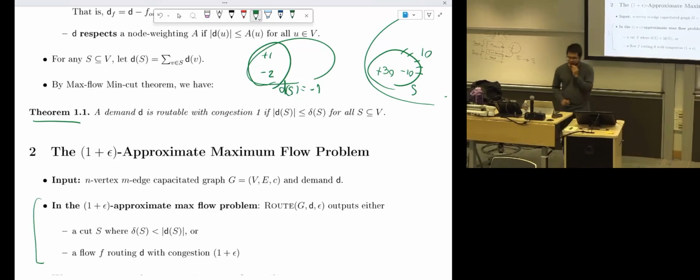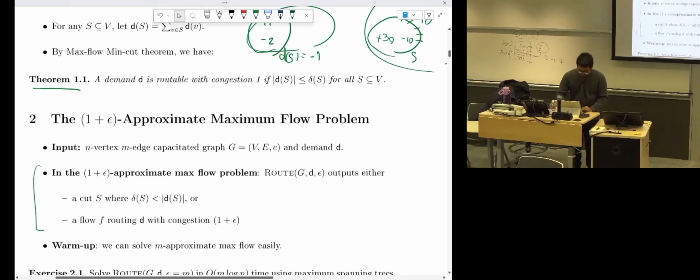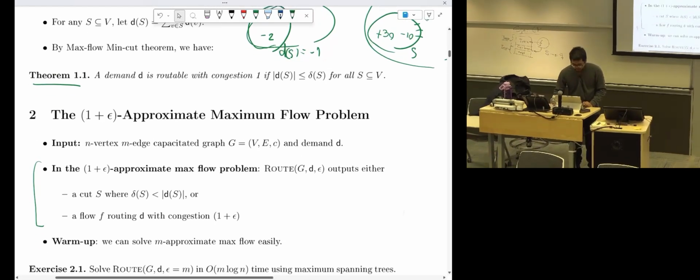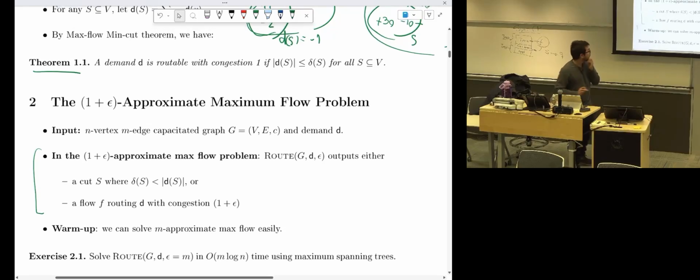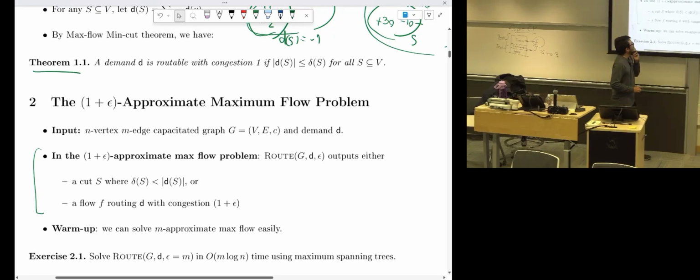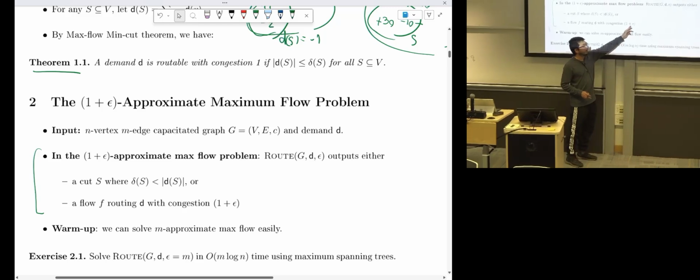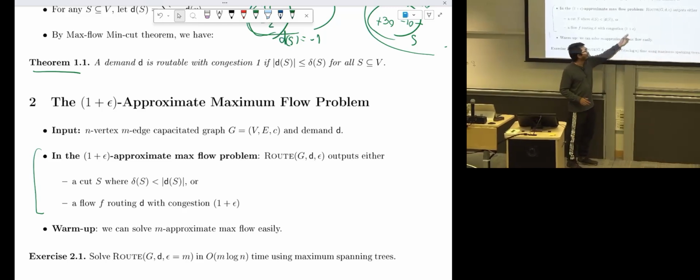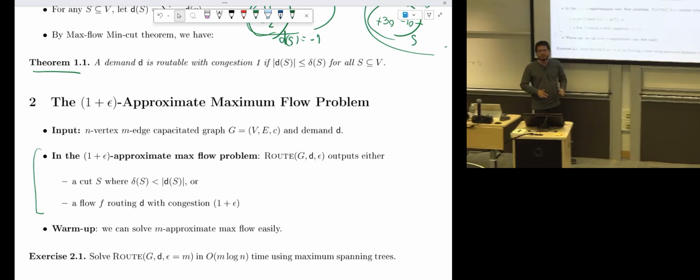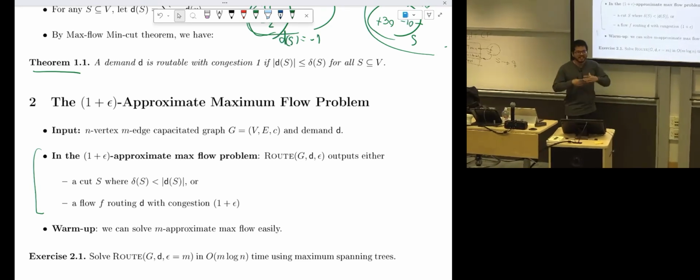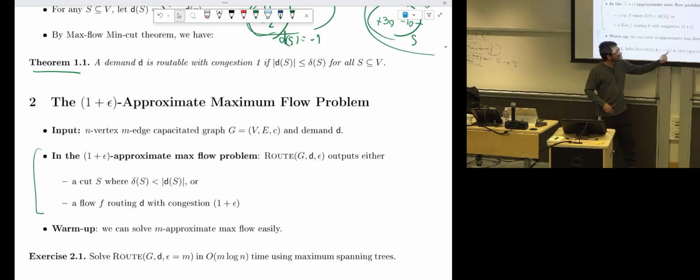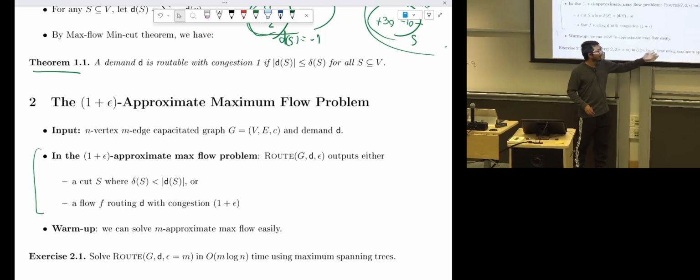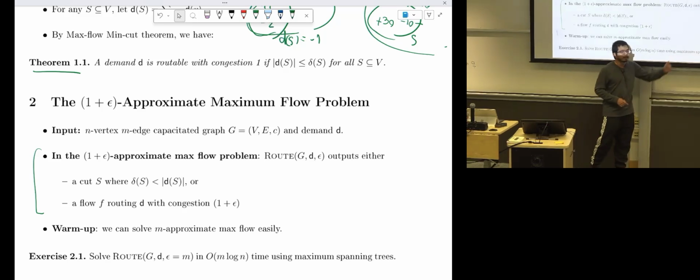Now, when you are okay with really big approximation, instead of epsilon being 0.1, let's say epsilon is big, like m, the number of edges, a really bad approximation, then you can solve this just by using a maximum spanning tree.